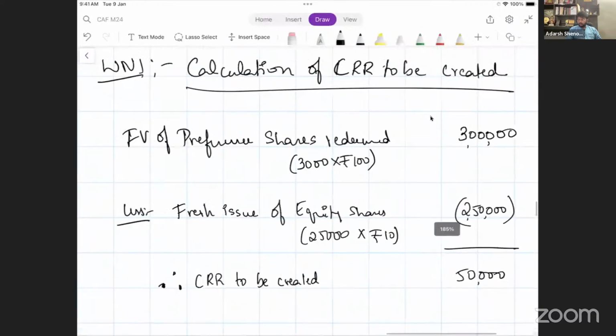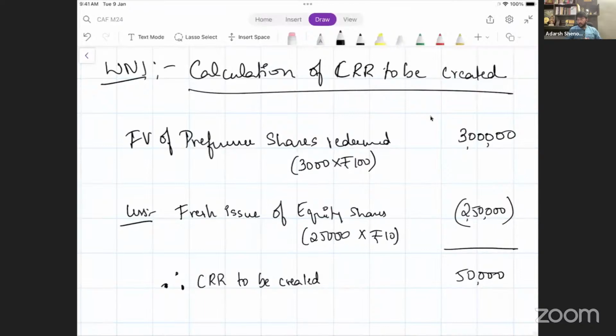So take this down and then draw the journal entry format. Okay, now let's draw the journal entry format.